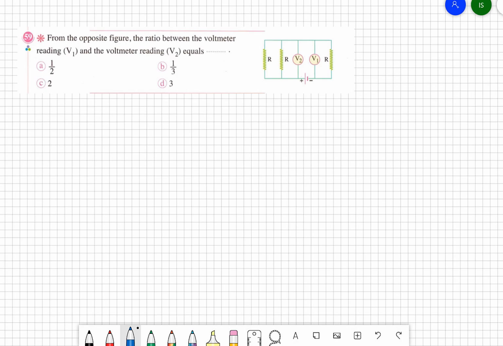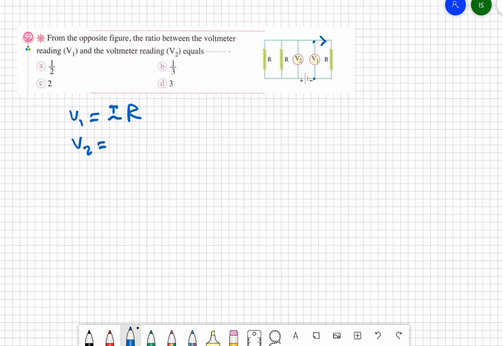Here in 59, from the opposite figure, the ratio between the voltmeter reading V1 and the voltmeter reading V2 equals. V1 is connected with only one resistance, right? So the whole current will move through R. So V1 equals I R, right?